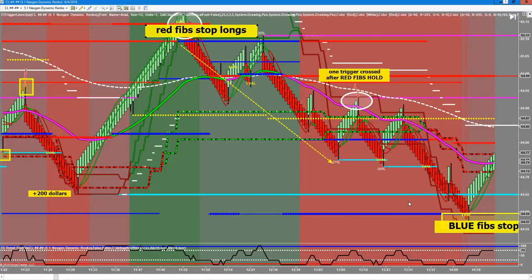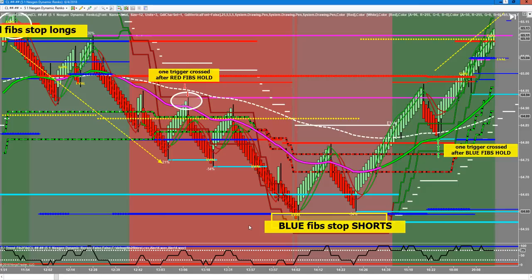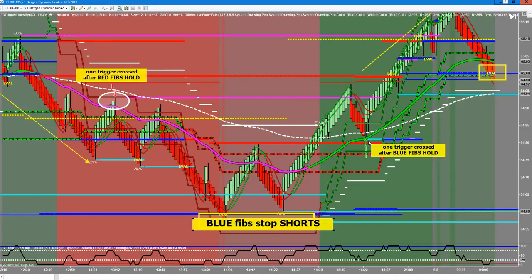Blue fibs stop the market, first trigger to roll over and turn green, we can take a long trade. Doesn't matter. If you have a bunch of blue fibs that stop the market, that's the end of the party. Doesn't matter where they came from or why they're there.